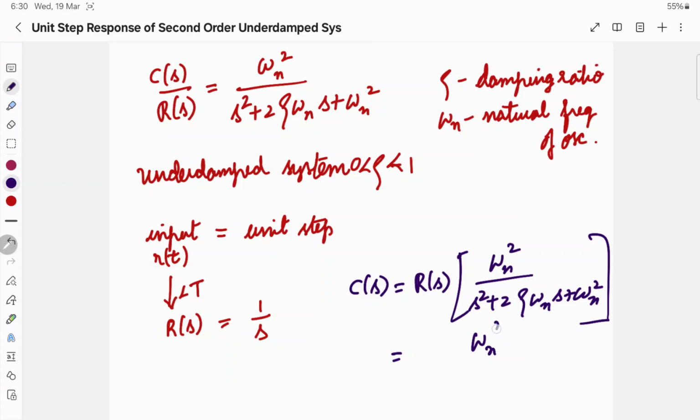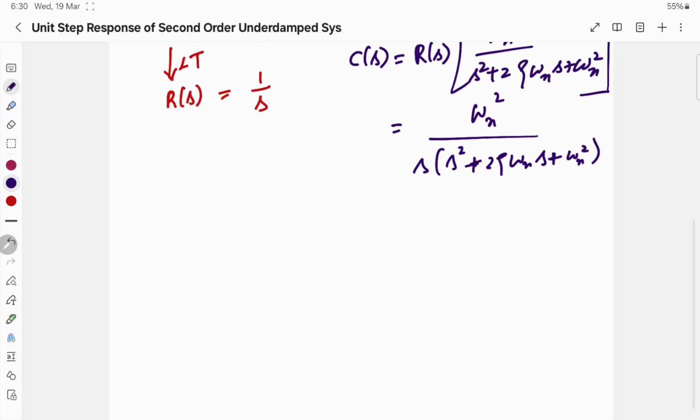So it is omega n square divided by s times (s square plus 2 zeta omega n s plus omega n square). We know the denominator is going to be complex for an underdamped system, right?